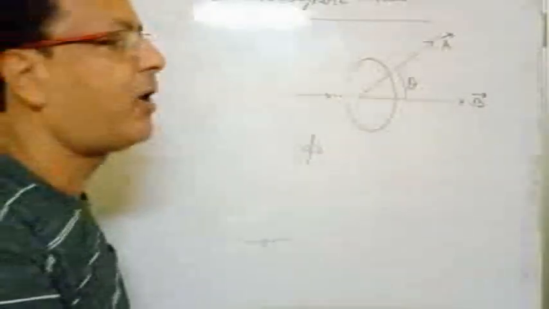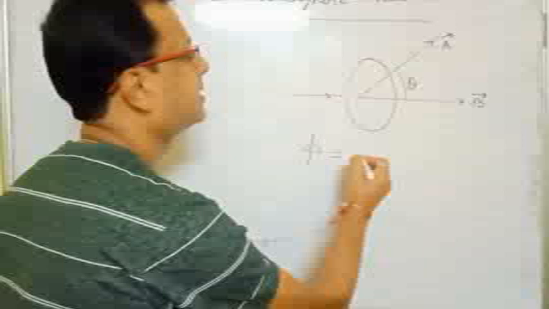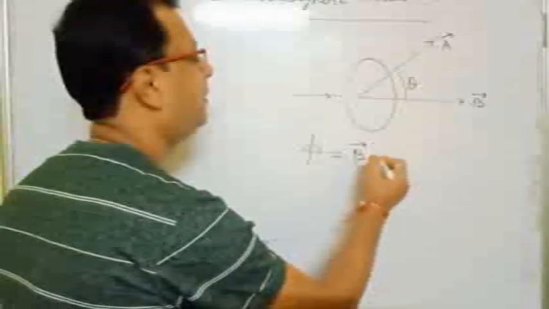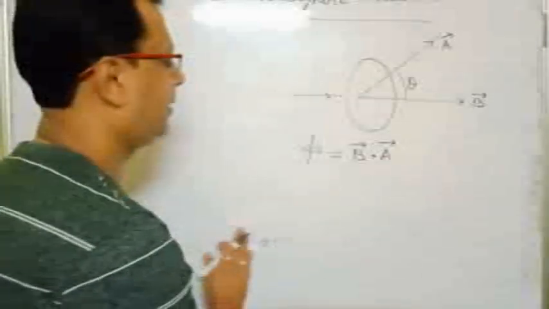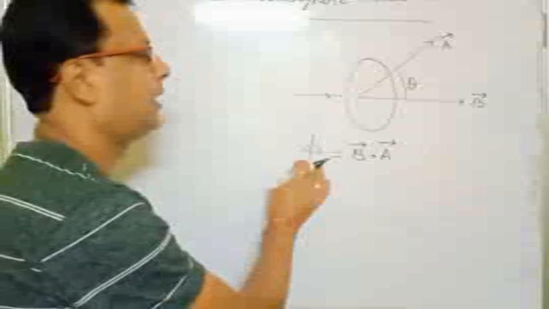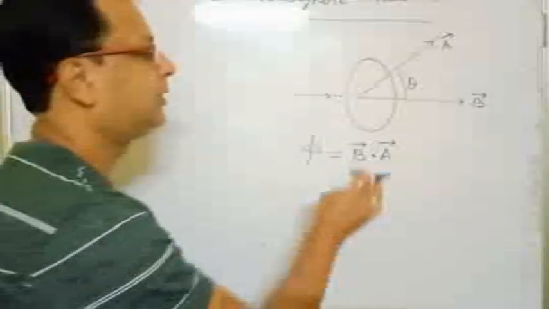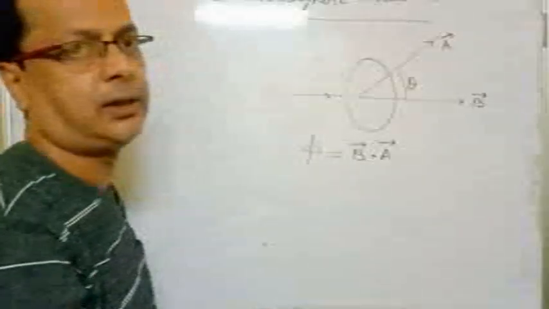Flux phi is the number of lines of force passing through this area. The flux phi is defined as B bar dot A bar. It is a scalar product because phi is a number and so it is a scalar quantity. So the dot product of two vector quantities is a scalar quantity.